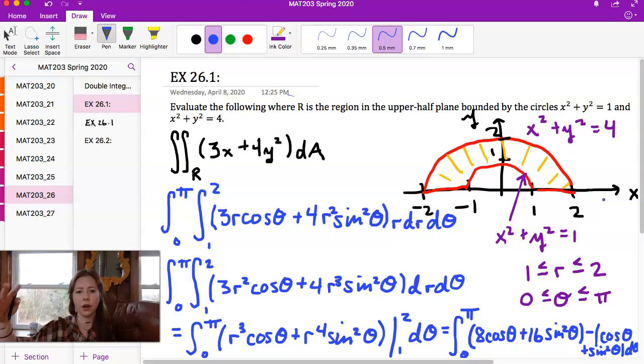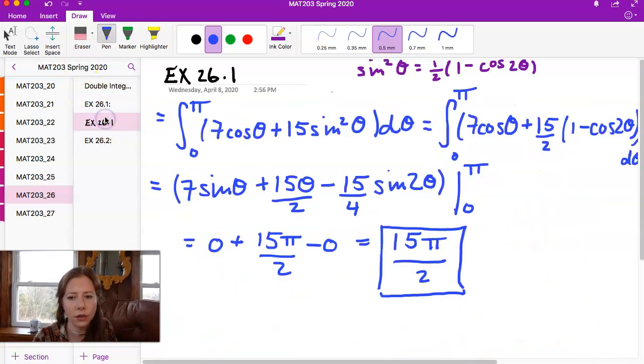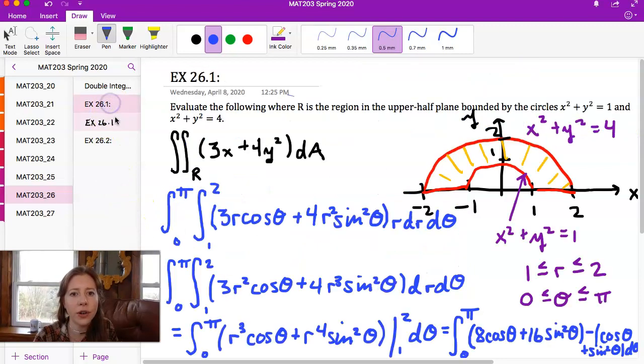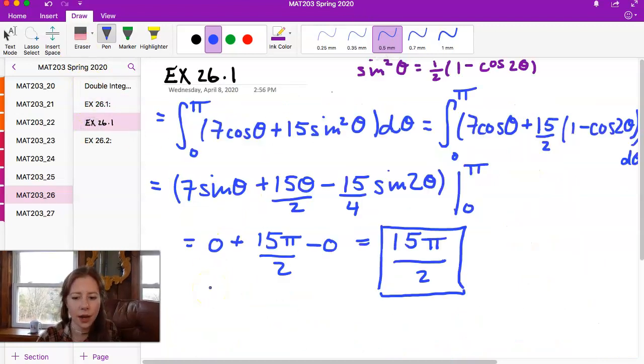So you're going to have the area there, and then you're going to have half a circle. All right, and you're integrating to get the volume under this region. So 15 pi over 2.